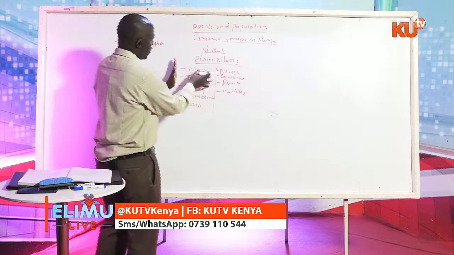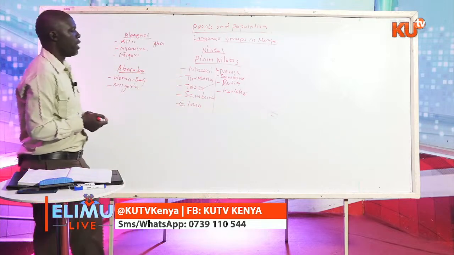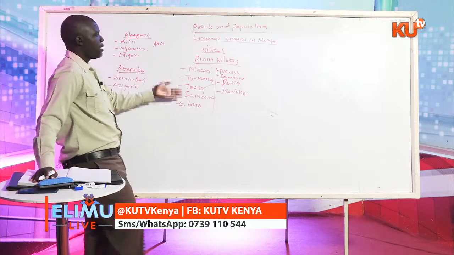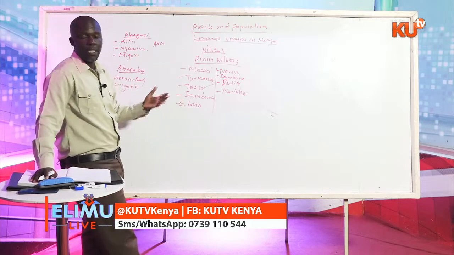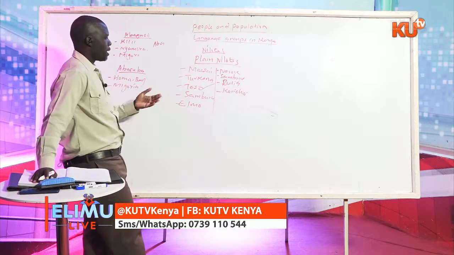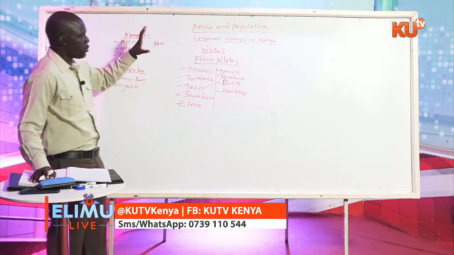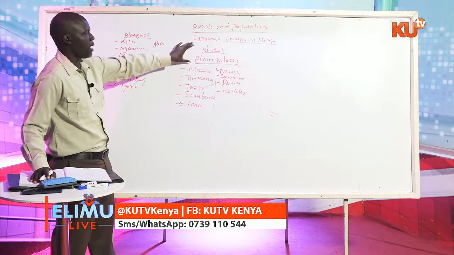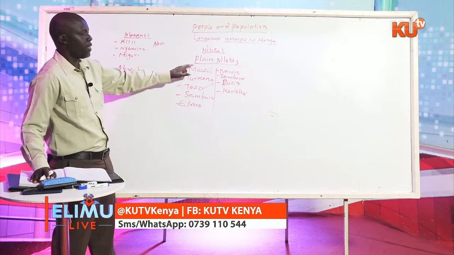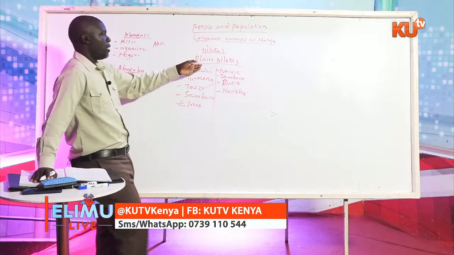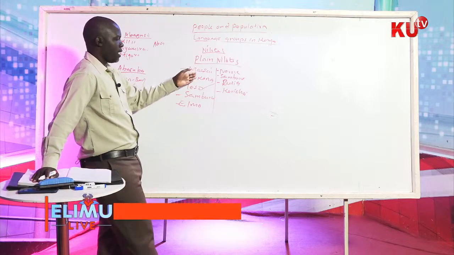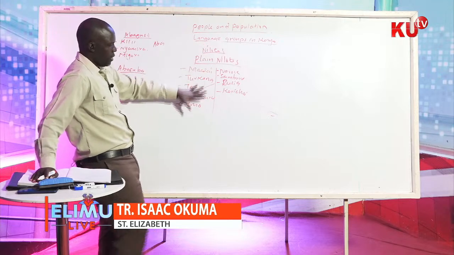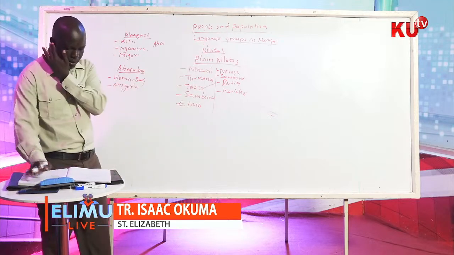So majority of them are pastoralists by nature, and that's their main economic activity. The learners should be able to say that the Maasai, as Nilotes, belong to the Plain Nilotes.